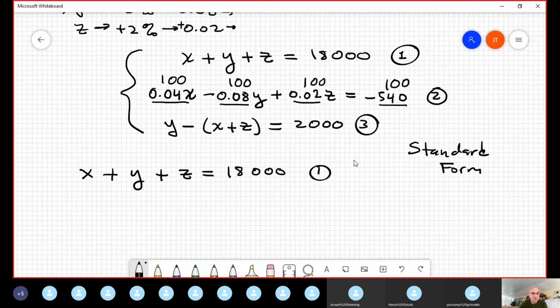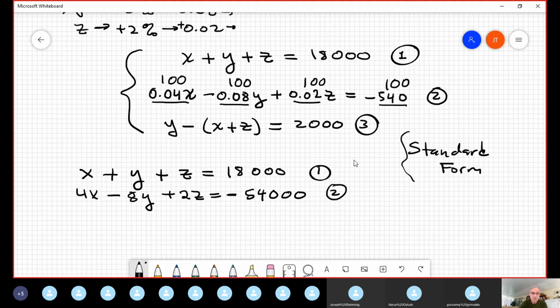Actually, it's 4x minus y plus 2z is equal to minus 54,000. This is my equation 2, expressed in standard form. In my opinion, it's more elegant to manipulate.